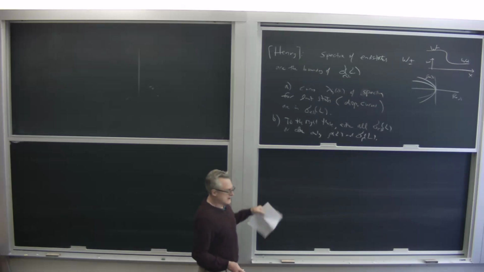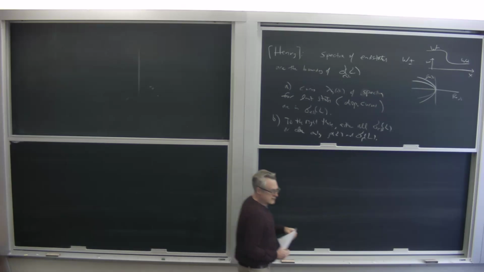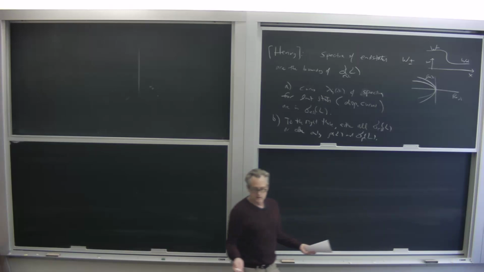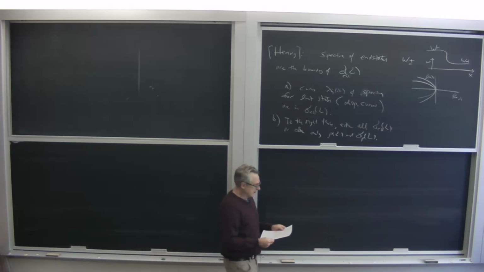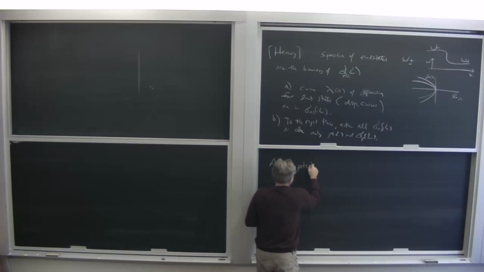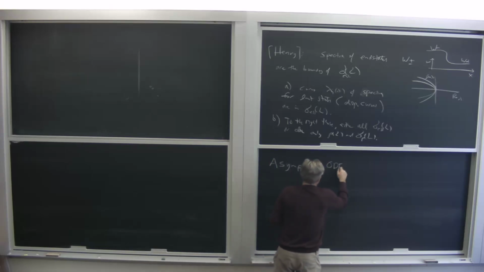Before I do this, I'm going to take an excursion to some asymptotic ODE theory, because the resolvent operator is the solution of an ODE. We're going to now develop two very important results for us.